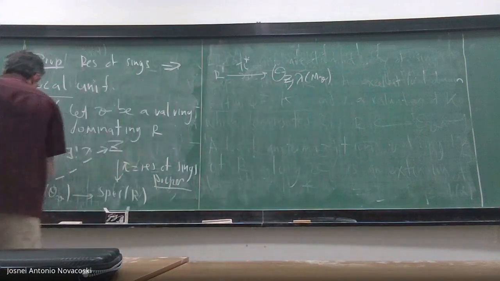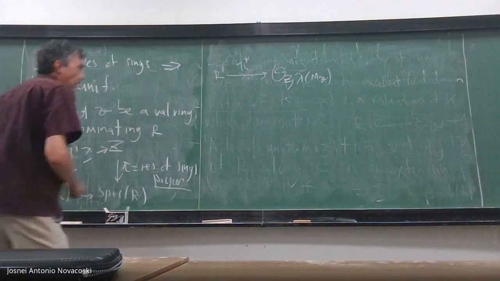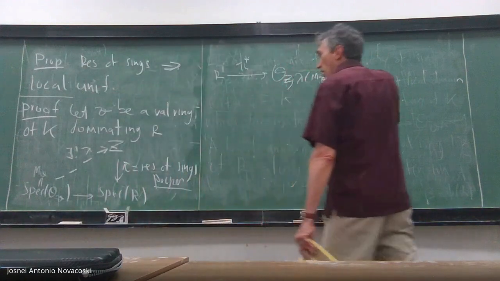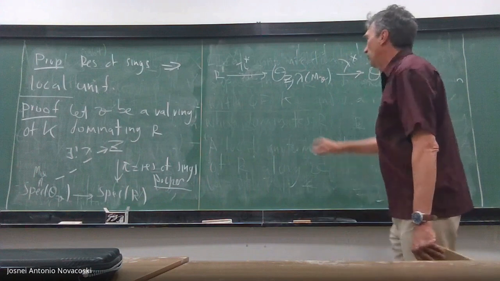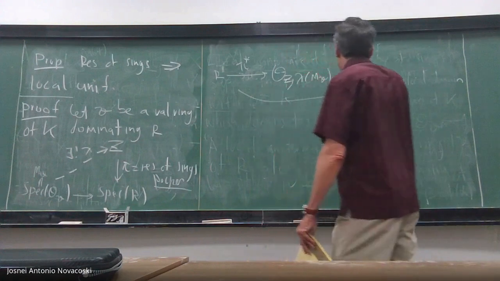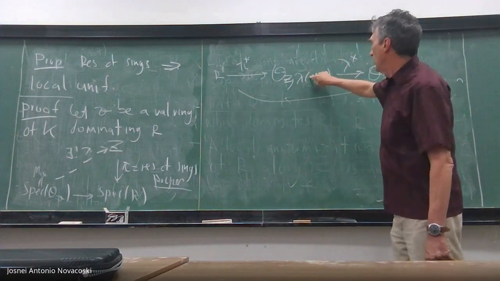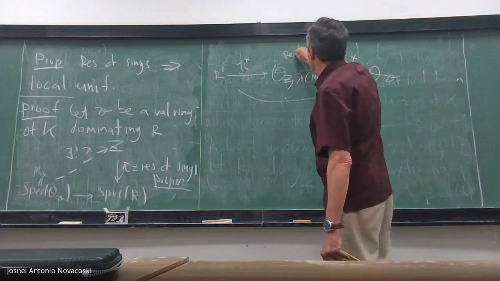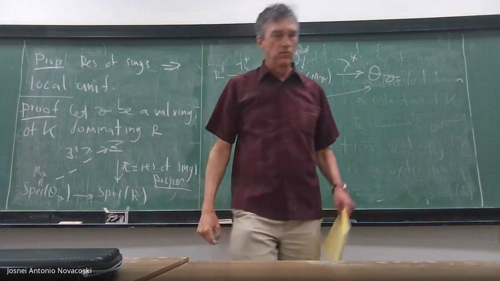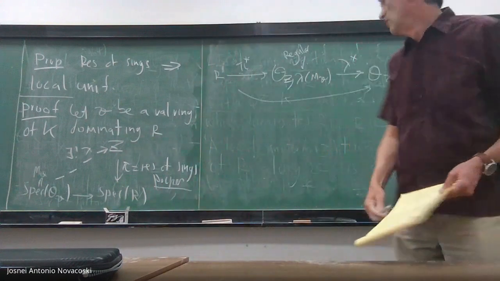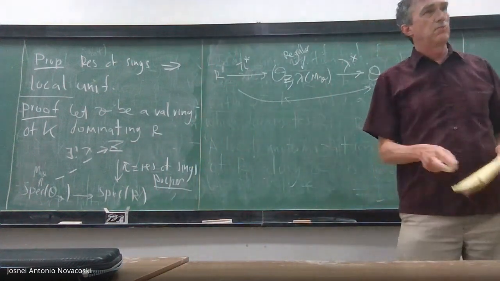MV is the maximal ideal of this, and then this goes by lambda star to OV. This was your original map that we're given over here. And this here is regular. It's a regular local ring, since this is a resolution of singularity. So this solves the problem.